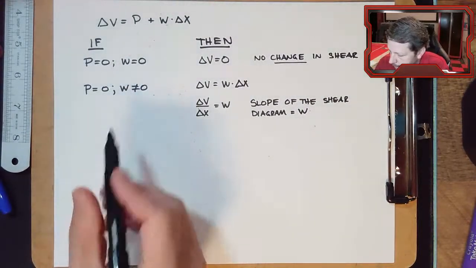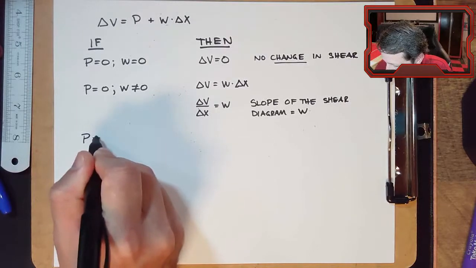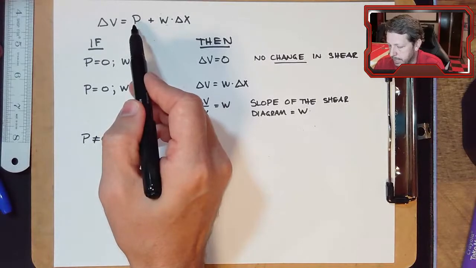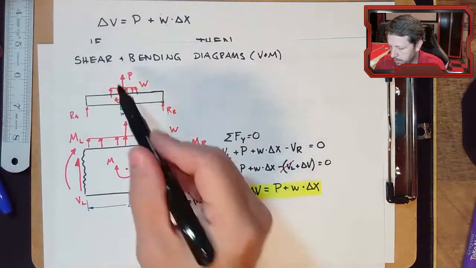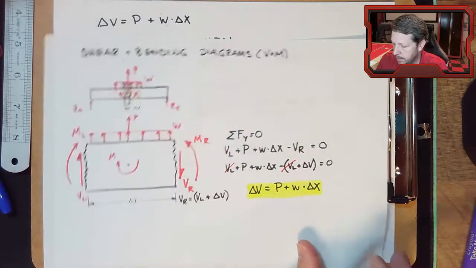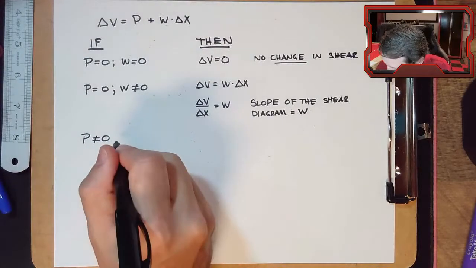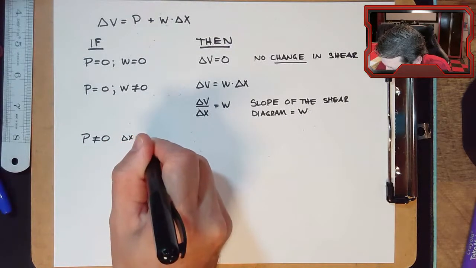So another thing that could happen is P does not equal 0. So now there is some value for P, and remember P is the point load. Point loads exist at a point, so we're going to send delta X to 0.